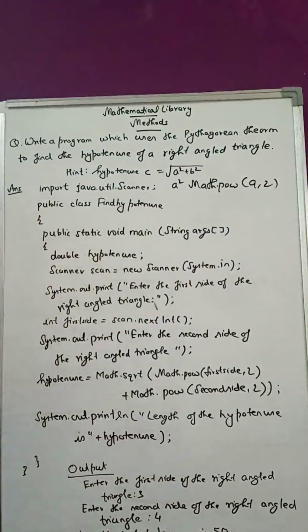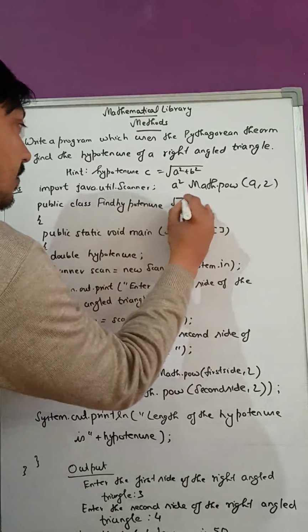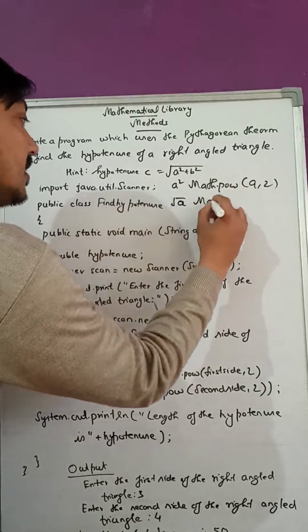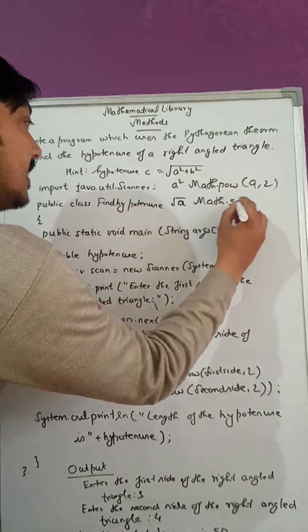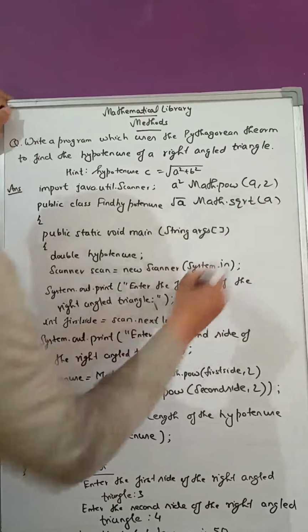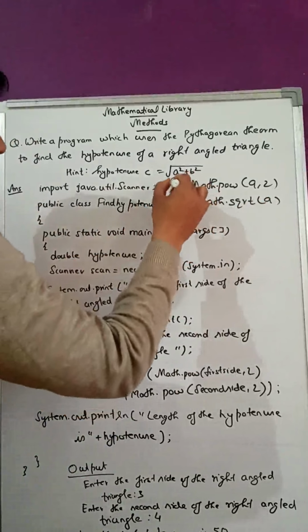And suppose you have to calculate the square root of a variable, in that case you need to use the method sqrt. Math.sqrt of a will be equivalent to this.